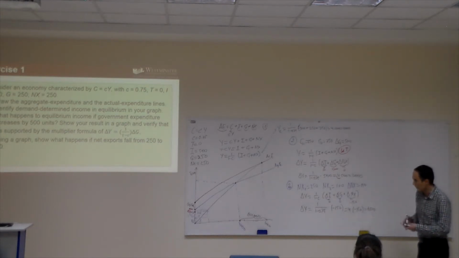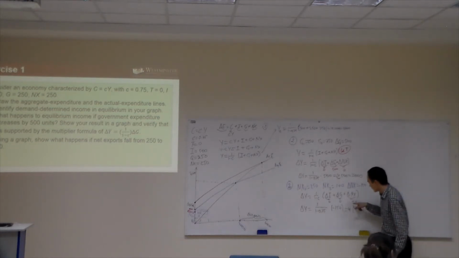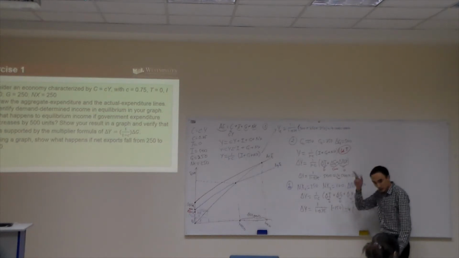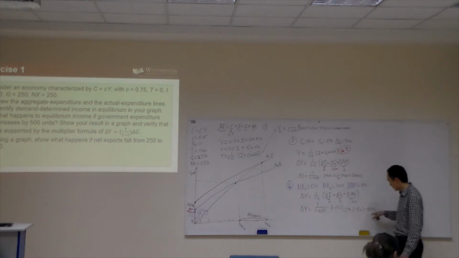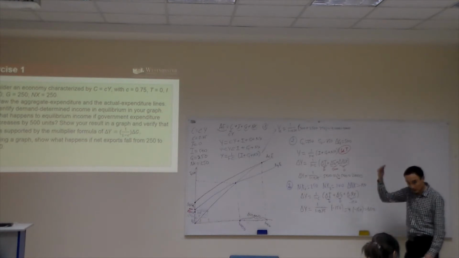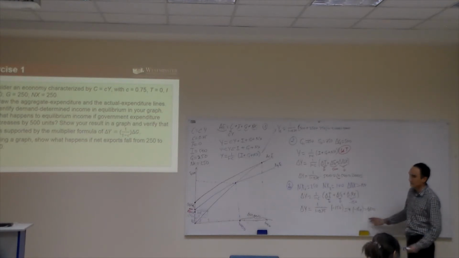Minus 600. So here again there is multiplier effect, okay? Only 150 reduction in our export level, right? It resulted in reducing our output 4 times more. Okay? Minus 600. Okay?